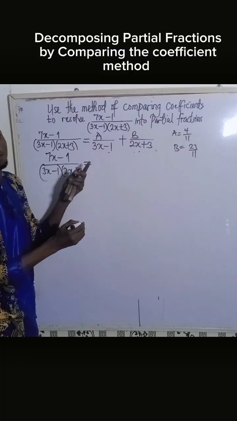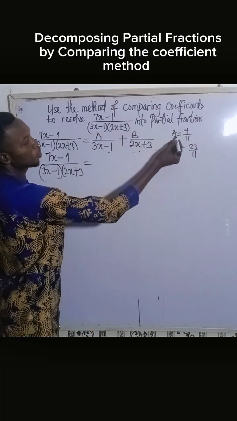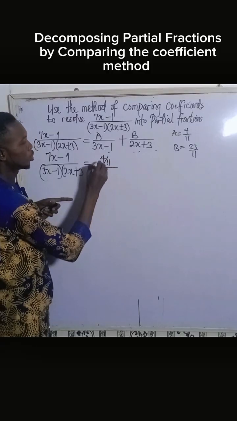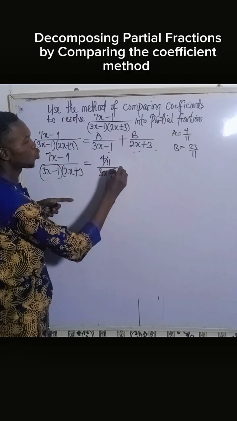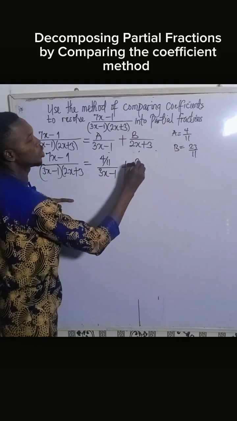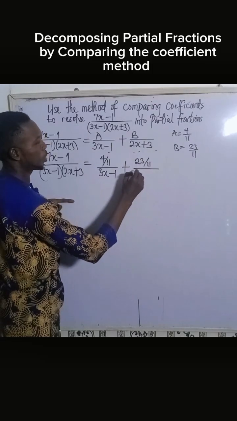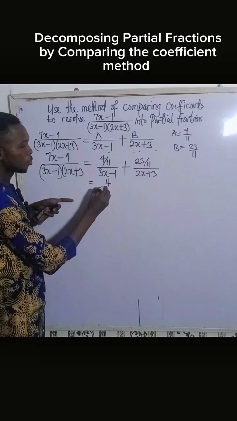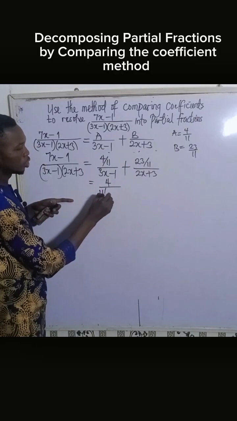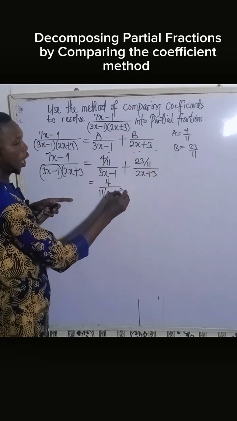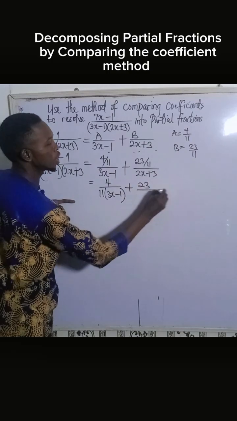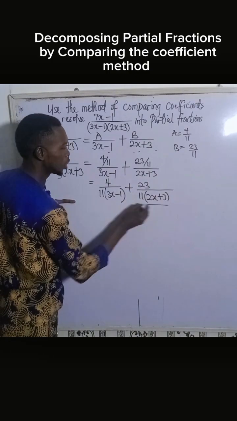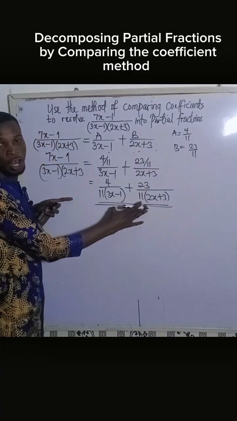To express it as a partial fraction, don't forget the value of A is 4 divided by 11, divided by 3x minus 1, plus the value for B is 23 over 11 divided by 2x plus 3. Of course, you can further write it as 4 divided by 11 into 3x minus 1 plus 23 divided by 11 into 2x plus 3. This is our partial fraction.